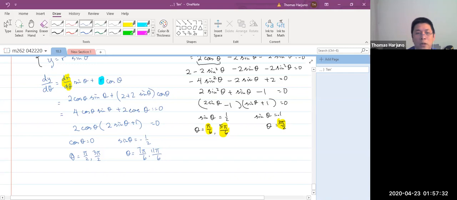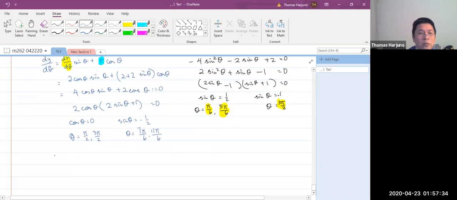So let's put them together. dx d theta equals 0 at theta equals pi over 6, 5 pi over 6, 3 pi over 2. dy d theta equals 0 at theta equals, sorry, I wrote it wrong.